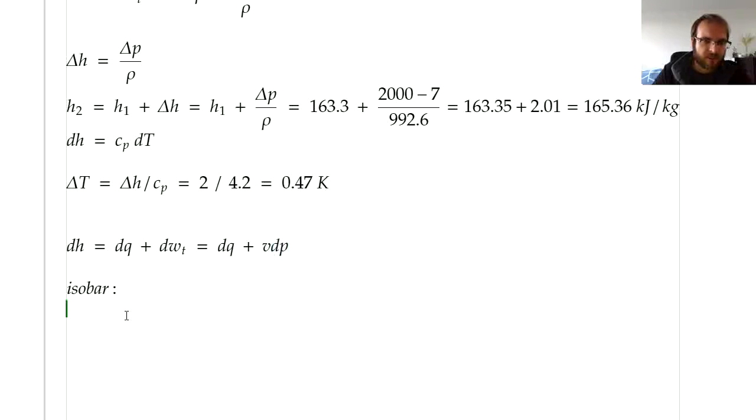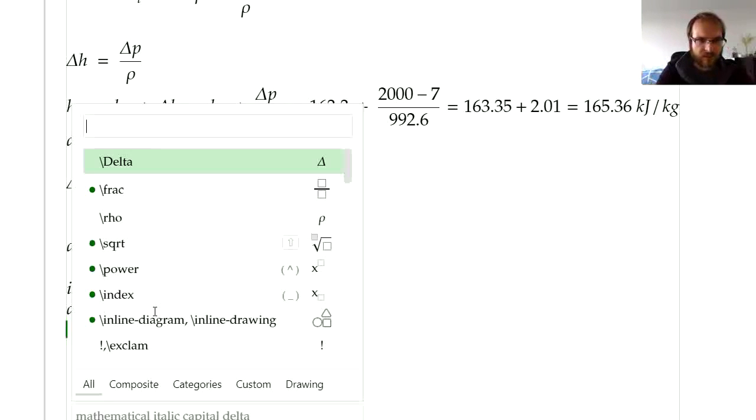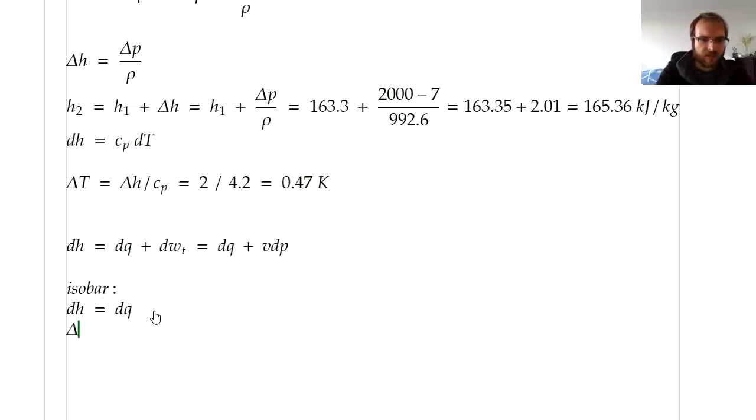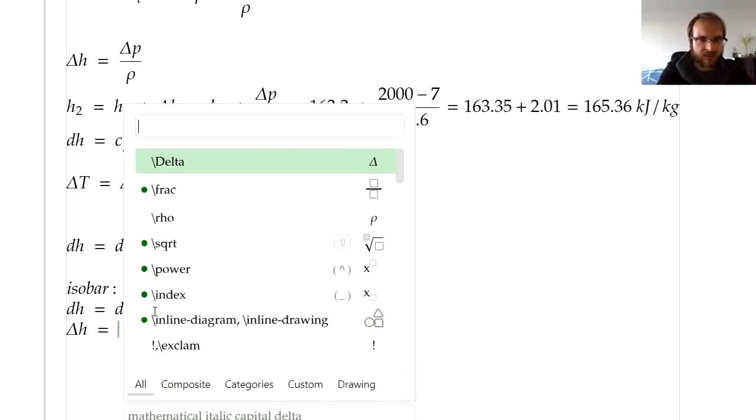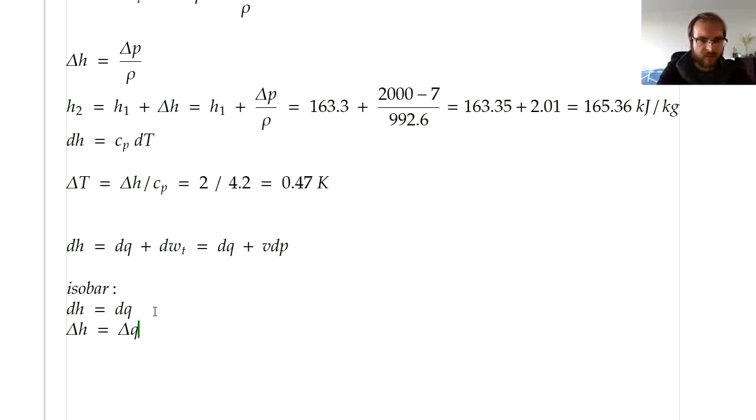There is no technical work done by the working fluid. So the relation shrinks into dH equals dQ, or we can write it in differences that change in the enthalpy equals change in the transferred heat.